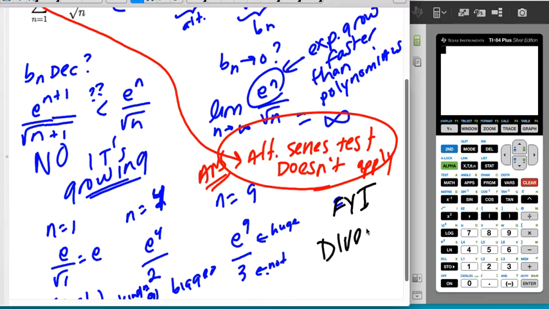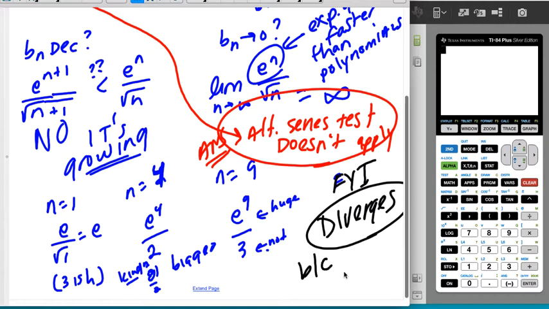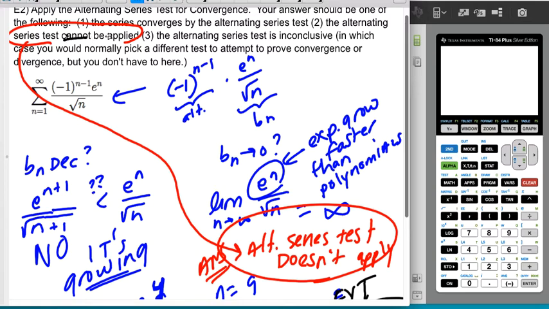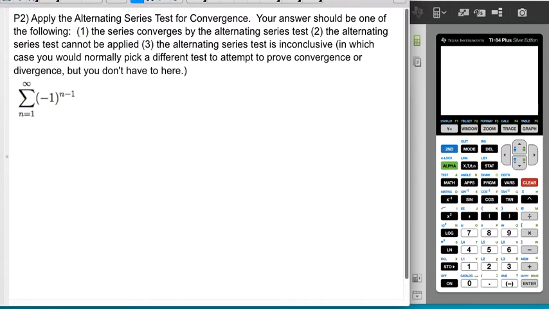The easiest way to see that it diverges is by the nth term test, because as you can see, these terms are not going to 0. These terms are getting huge. This is definitely divergent, but that's not what you were asked to do in this example. You were just to say, hey, I can't use the alternating series test because these things are not getting smaller.